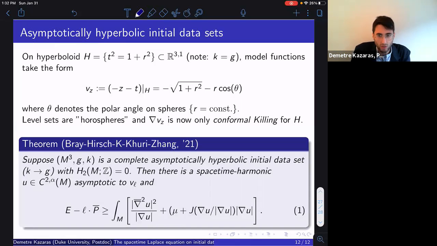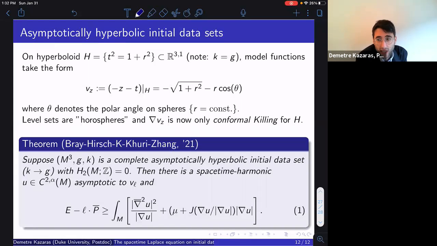So you can push this technique into this new context. The problem is much more difficult now, but nevertheless, you get the following theorem. If you have an asymptotically hyperbolic initial data set, so as I said, it resembles the hyperboloid in Minkowski space at infinity.